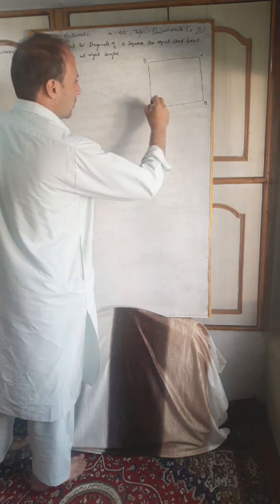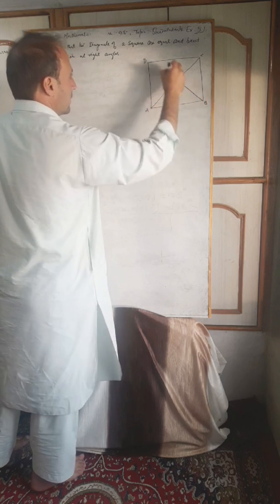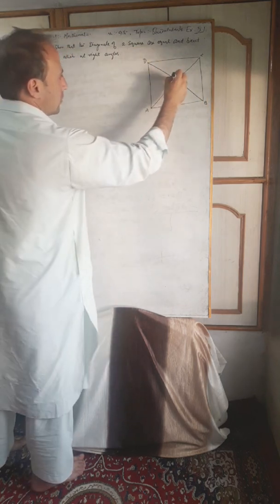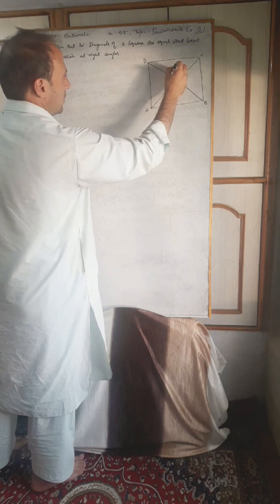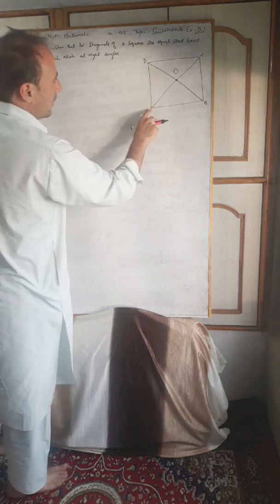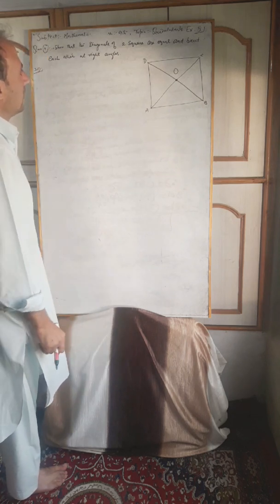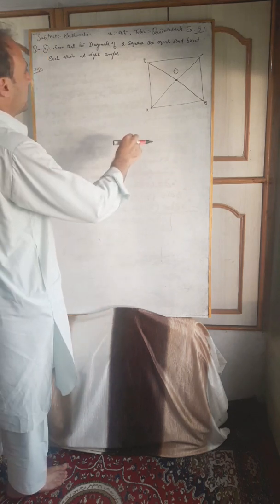We have to show that, suppose we join the opposite corners A to C. This is one diagonal and BD is the other diagonal. Suppose these two diagonals intersect each other at the point O. The question contains three parts. First of all, we have to show that AC is equal to BD, that is, the diagonals are equal, and bisect each other at right angles.